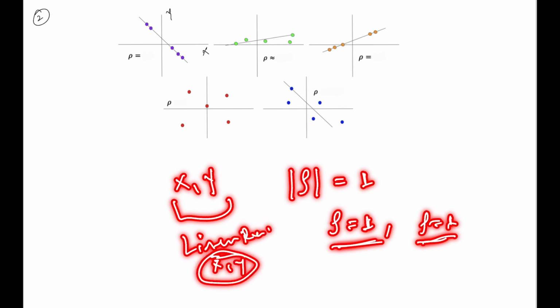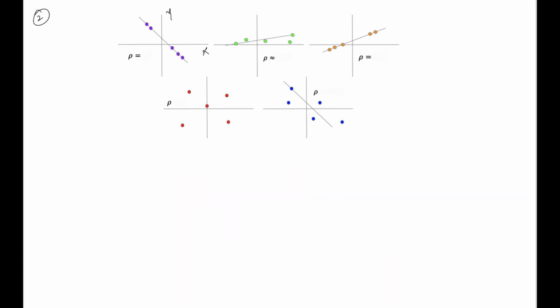If you plot the graph between x and y, you will have a straight line, and all the samples will lie on it. Obviously, all the samples will be on the line only when they have a linear relationship. So let's go through each and every plot, and let's try to comment on this correlation coefficient.